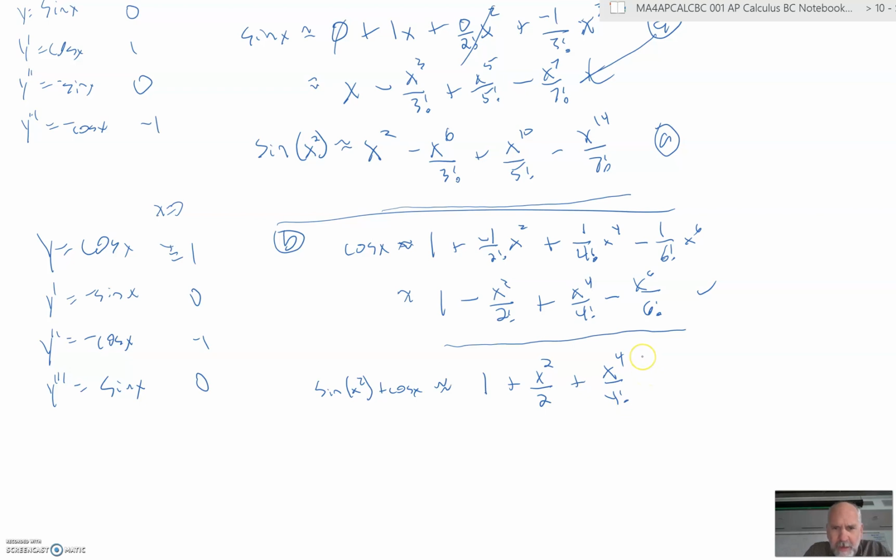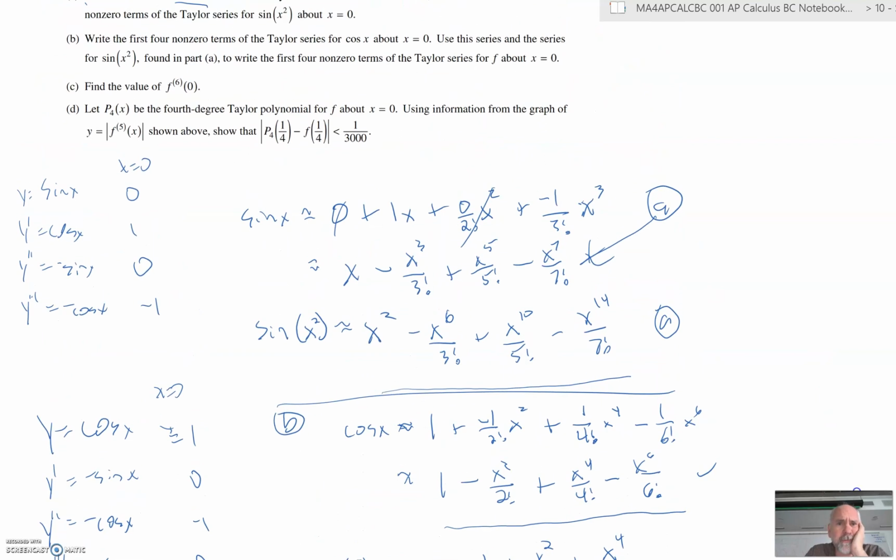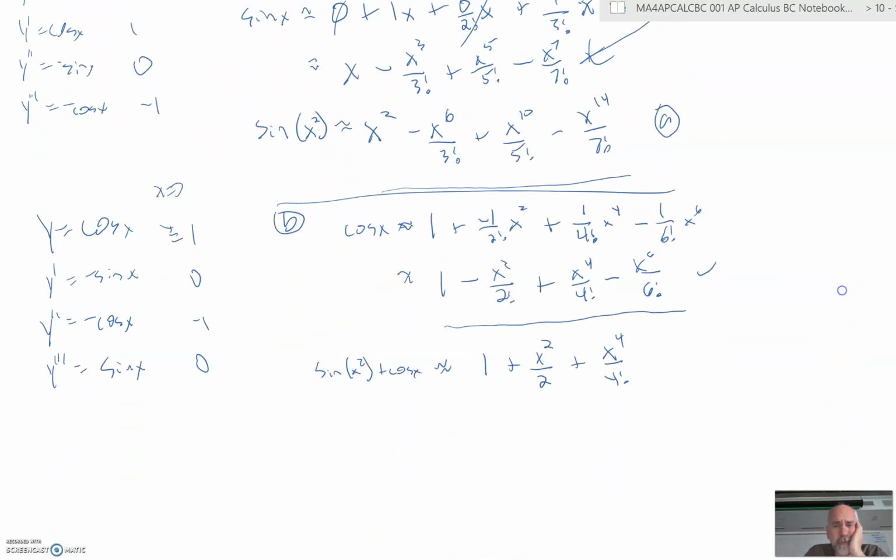Then the next one: I've got a minus x to the 6th over 3 factorial, and then a minus x to the 6th over 6 factorial. So 3 factorial is 6, and 6 factorial is a big number. Just doing a double check on this. First four non-zero terms.